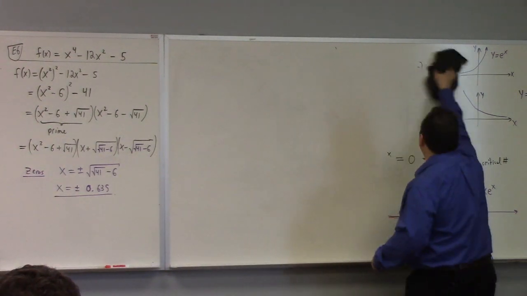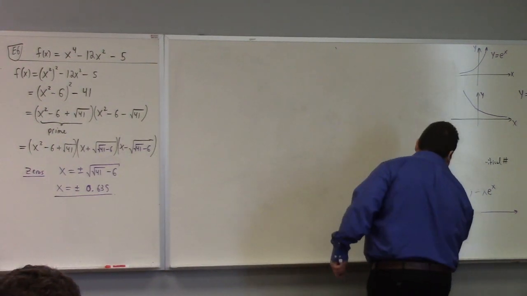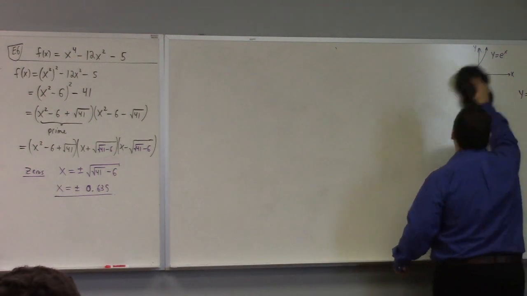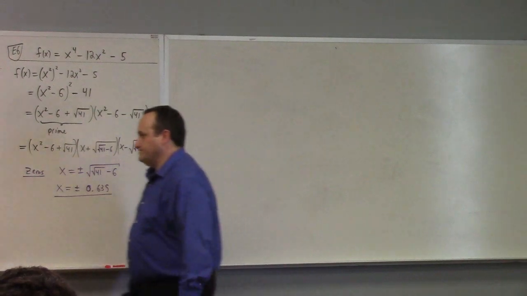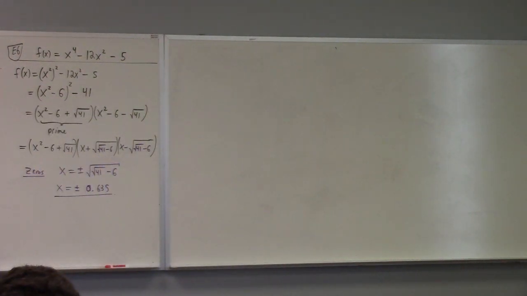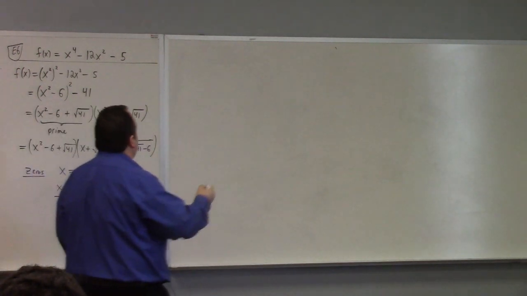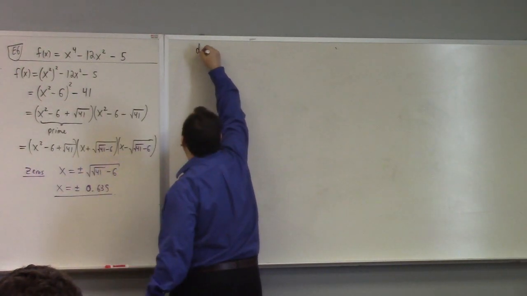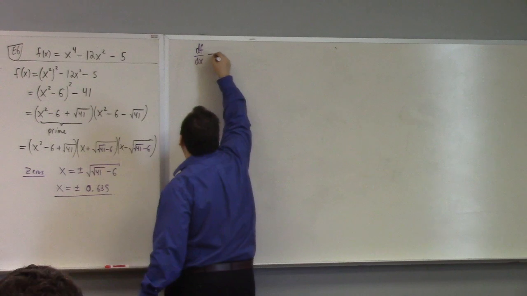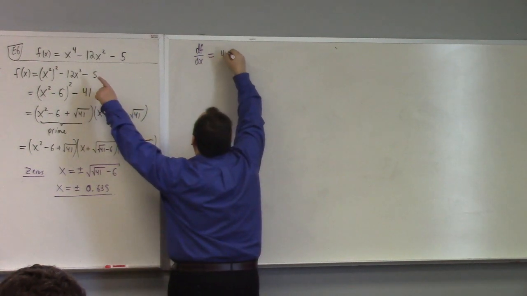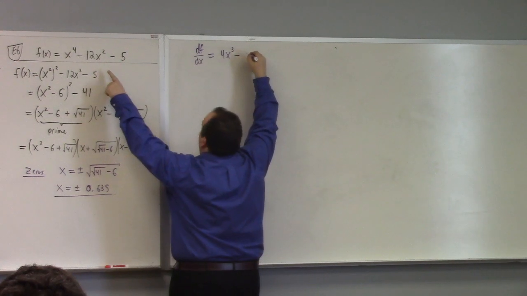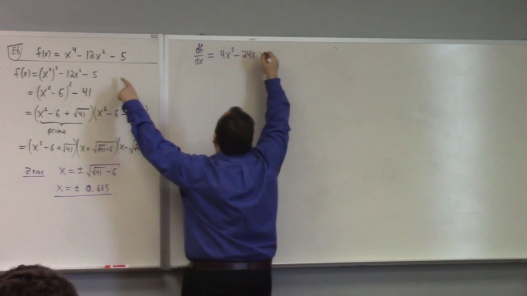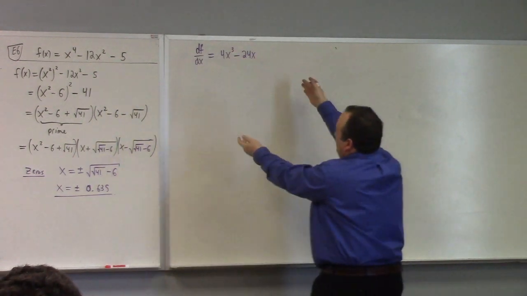So differentiate, what do we get? df dx is 4x cubed minus 24x. Oh, look at this.